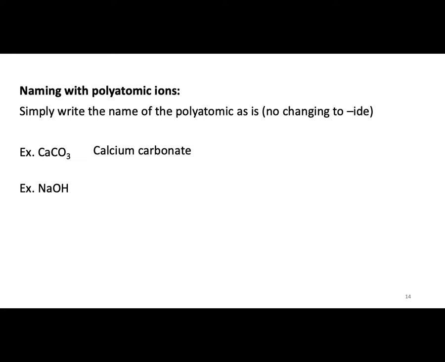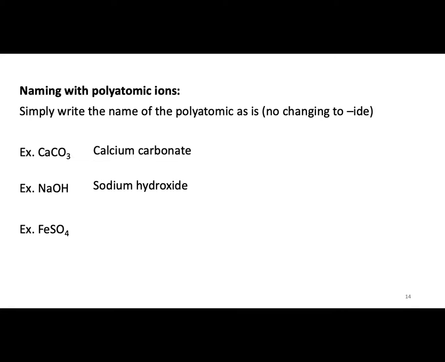Let's try this one. What's Na? Look at your periodic table. Number 11, that's sodium. And what's OH? That is hydroxide. I found that right from my polyatomic ion chart. How about iron? Fe is iron, and sulfate is on my polyatomic ion chart.